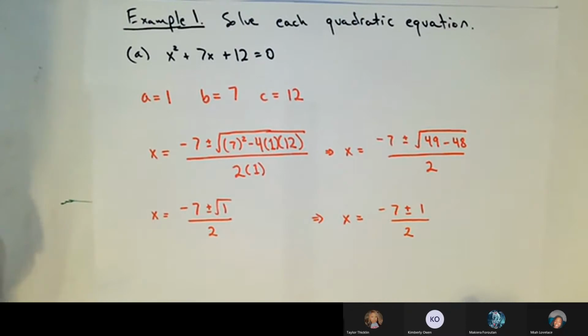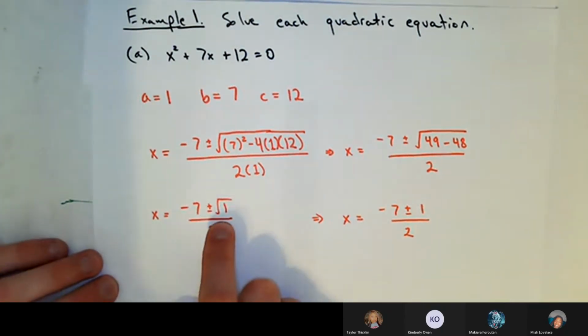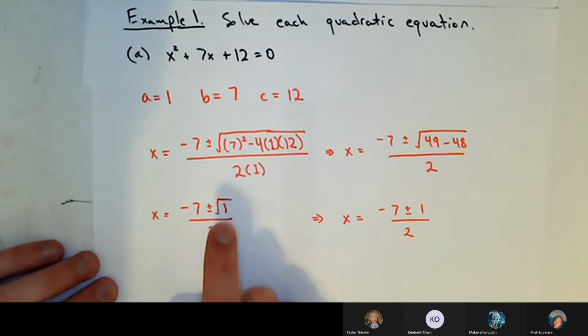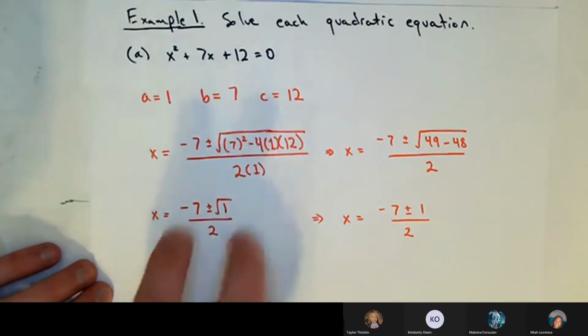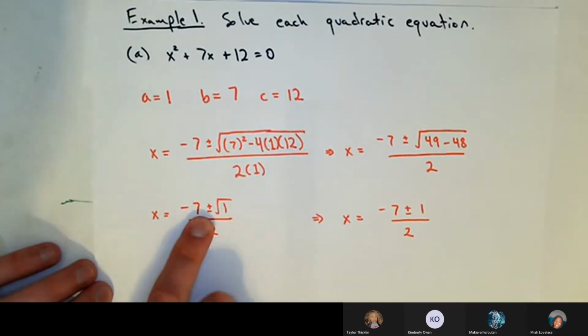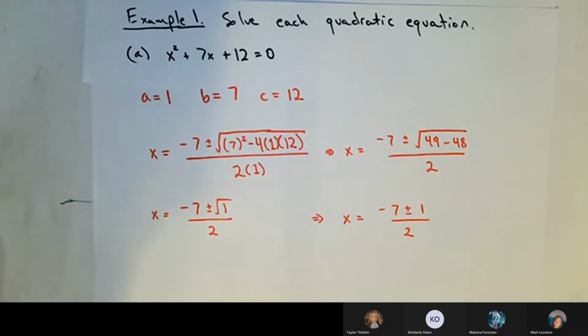So in this case, when you get to a solution where the root completely goes away, you should keep going past this point to get the cleanest solutions. If there's an ugly root left in the answer, like square root of 7 or square root of 6, something that's not a perfect square, then at that point all you can do is split the two answers around the plus or minus, and you can't simplify it any further.